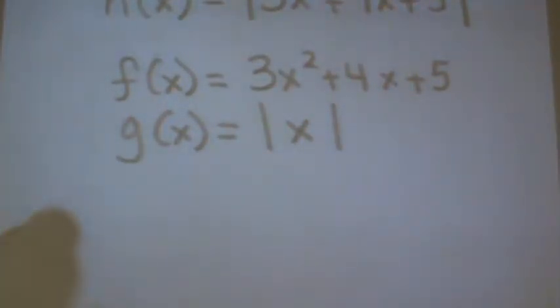Do you see two different functions? Do you see the inside? What do you want to call it? F of x. F of x, we're going to make this stuff, 3x squared plus 4x plus 5. And then I'm going to call g of x the absolute value of x. This is the absolute value of something.